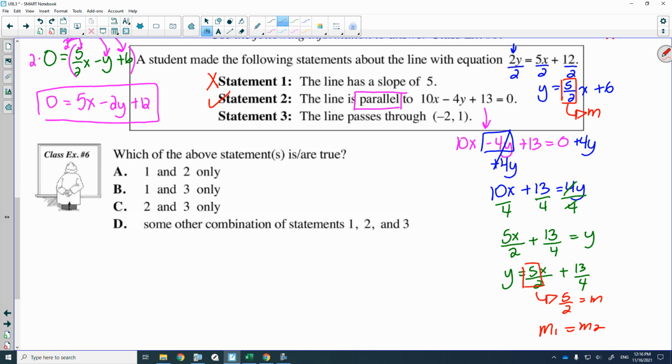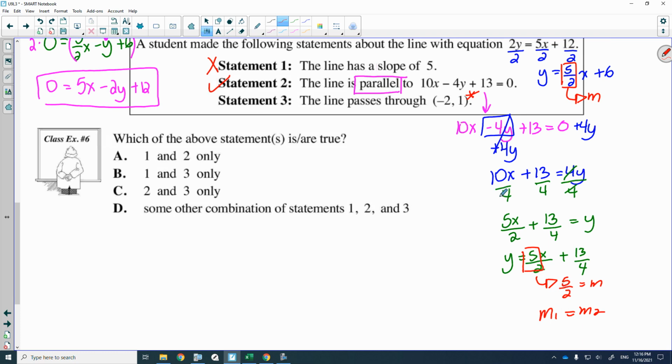Let's look at this last one, and I want you to star this one, because I don't think we've done one like this, but you'll always get this question on an exam. They're wondering if the original line passes through this point. So what you're going to do is take the equation that they gave you, 2y is equal to 5x plus 12.